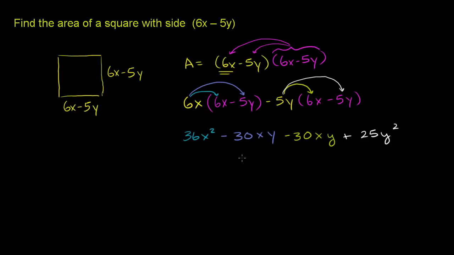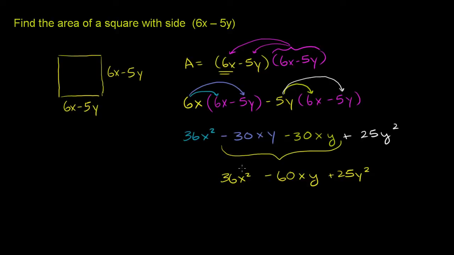And then we are almost done right over here. We can just add these two terms in the middle. Negative 30xy minus 30xy is going to be negative 60xy. So you get 36x squared minus 60xy plus 25y squared.